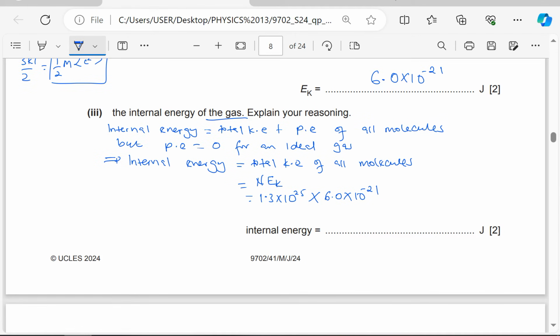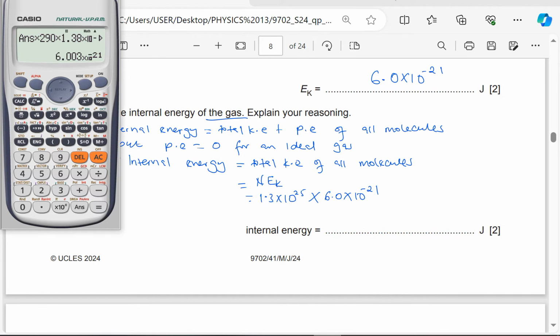So I'll just press my calculator. 6.0 exponent minus 21 times 1.3 exponent 25.